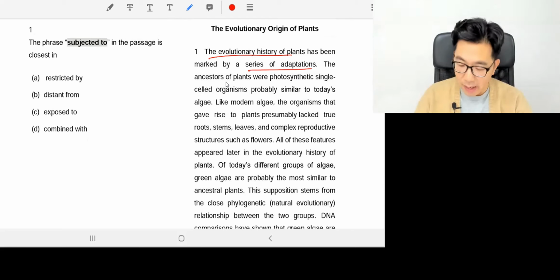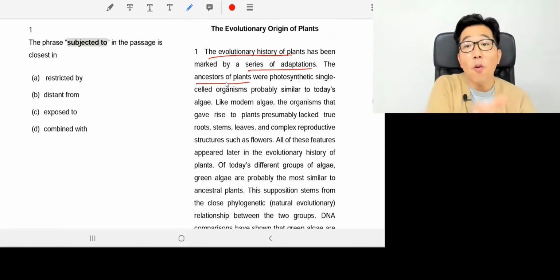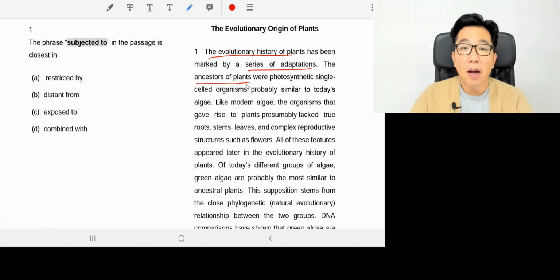The ancestor of plants, okay? So pre-plant, before plant, the grandfather of the plant, were photosynthetic single-celled organisms, probably similar to today's algae, however you prefer to pronounce. Like modern algae, the organisms that gave rise to plants presumably lacked true roots.